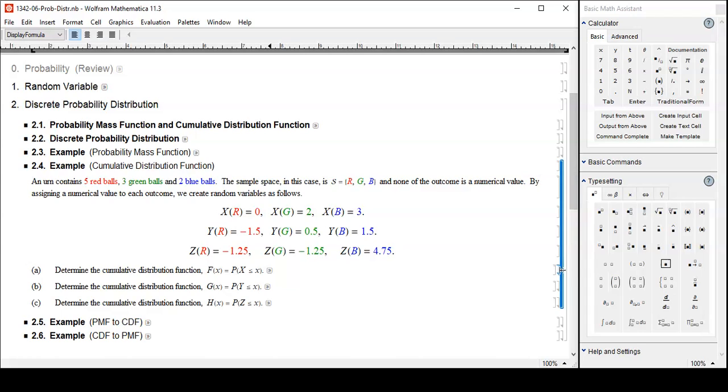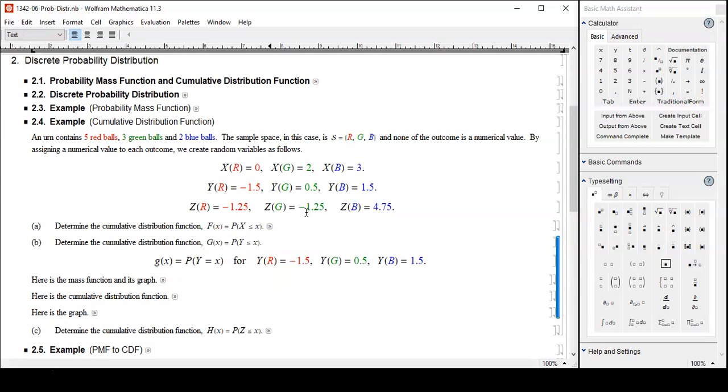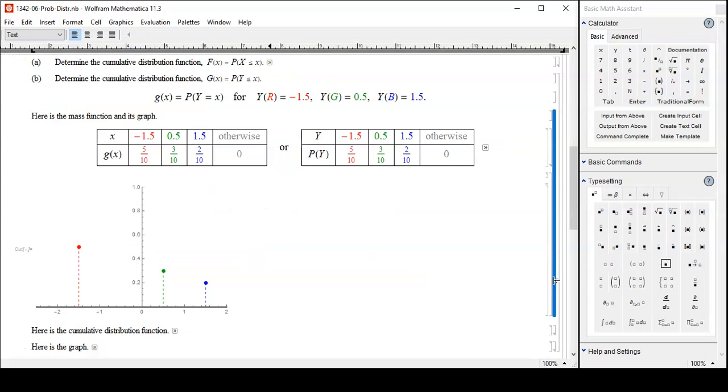We went through the first example. Now let's go to the second example. Because we already went through the first example, let me go a little bit more quickly here. So we are taking these three values, and here is the probability mass function. Remember?